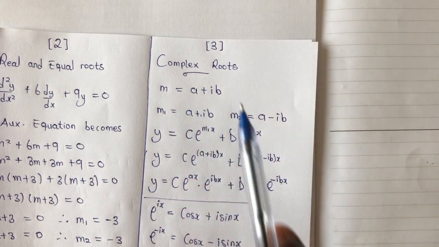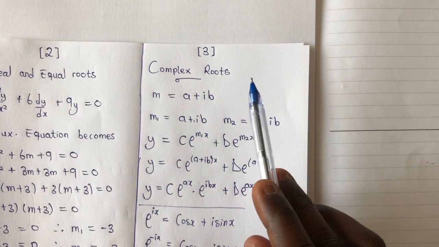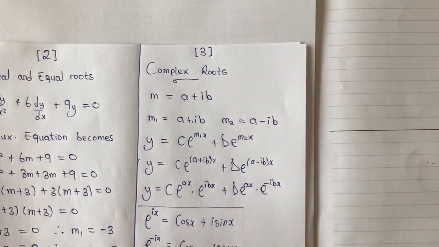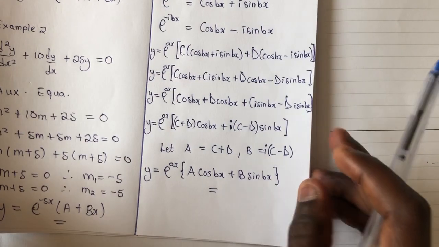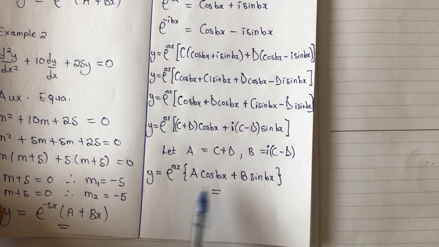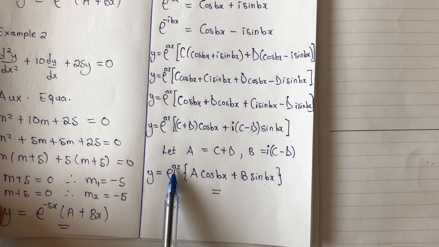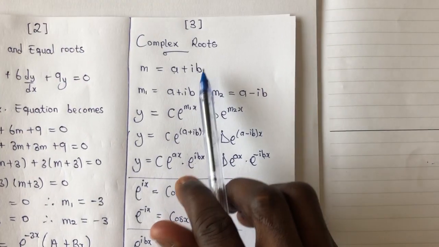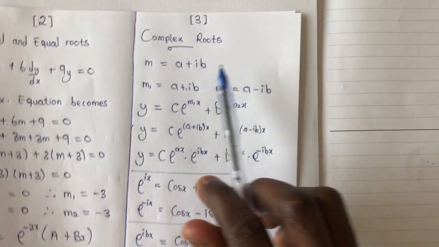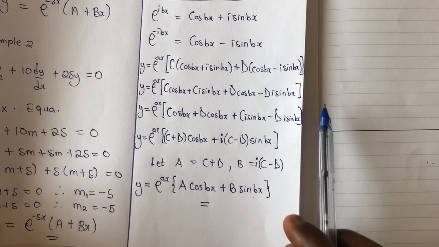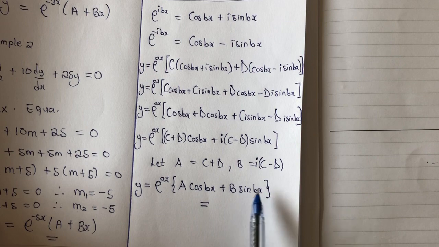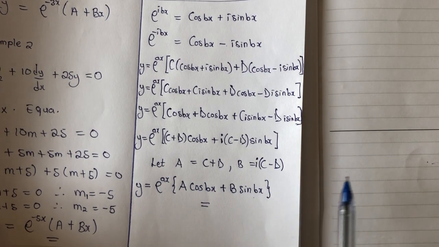Note, the root is complex, however, it has a real value and an imaginary term, and your general solution will be of the form this: e raised to the power ax, where a is your real value, and then b becomes your imaginary value. There is no need for you to bring an I to represent it. You just pick the b and the b and you substitute there.